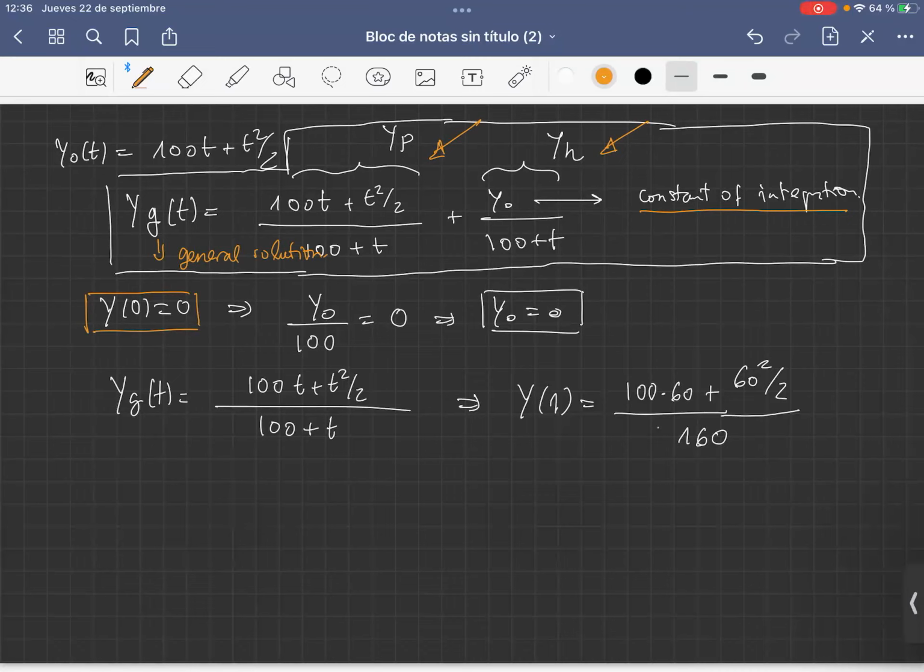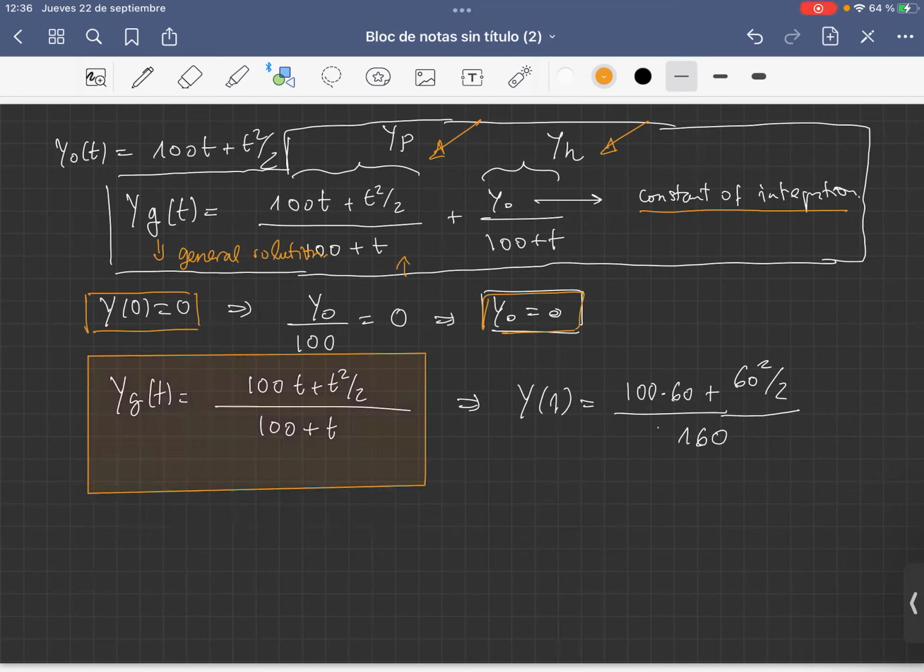So if you plug time equals 0 into the whole expression, you will just reach that y0 has to be 0. So the expression for our tank is simplified to just this expression.